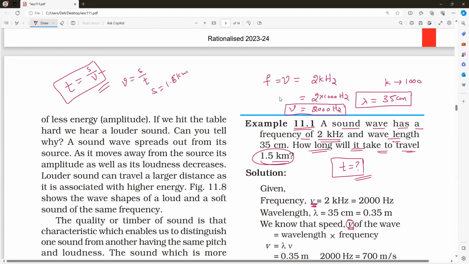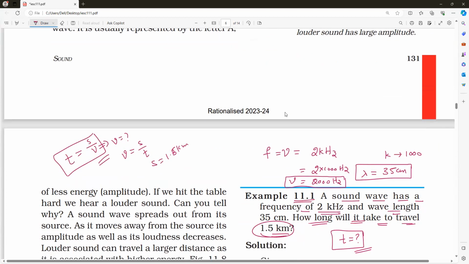Now, first we need to know the speed. Speed is equal to how much? You know the frequency and you know the wavelength. Can you find the speed? We can easily find it. Wave speed is equal to wavelength into frequency. Is it right? Yes, sir.